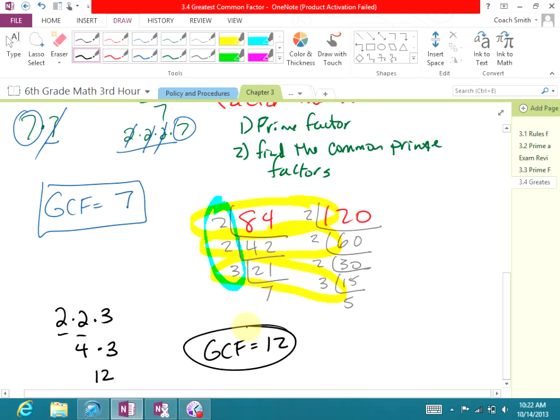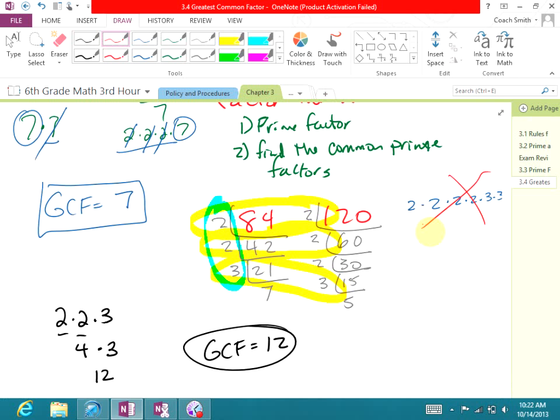From those two numbers, you will notice that I didn't go 2 times 2 times 2 times 2 times 3 times 3. I didn't do that. That is wrong. You don't multiply all of the prime numbers that are common together.